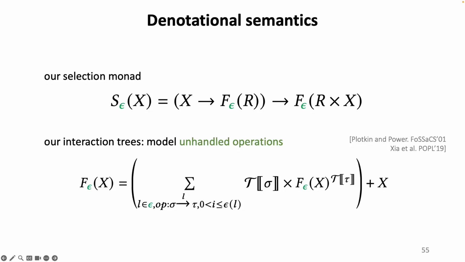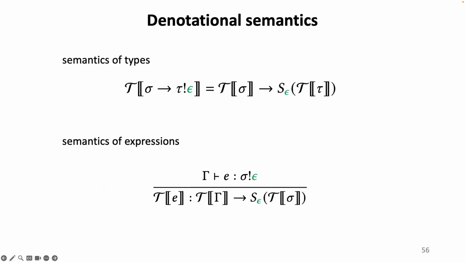And in our case, we also needed to take care of the selection monad, and this is where you can see the selection monad comes into play. There are more definitions, but in the end, we proved that this denotational semantics is sound and adequate.